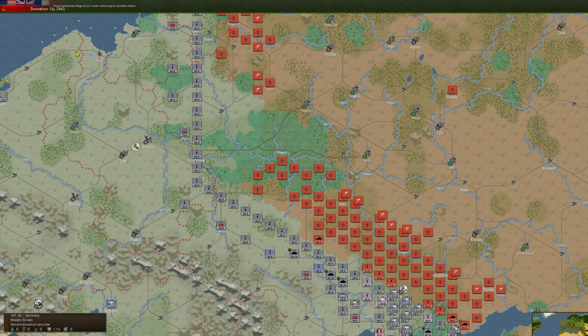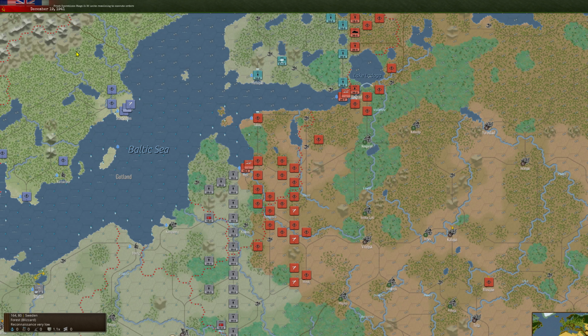So he's got 4 lines, now he's going to go for 5. I suppose he'll keep stacking lines up all the way to Moscow. He'll probably have enough units too. He's got a lot of units around Riga.